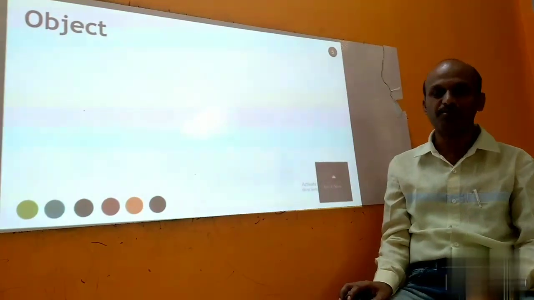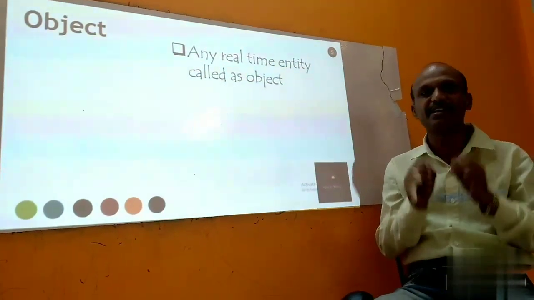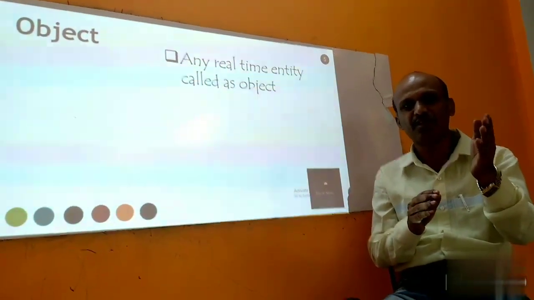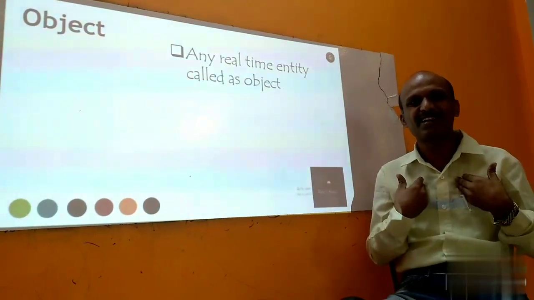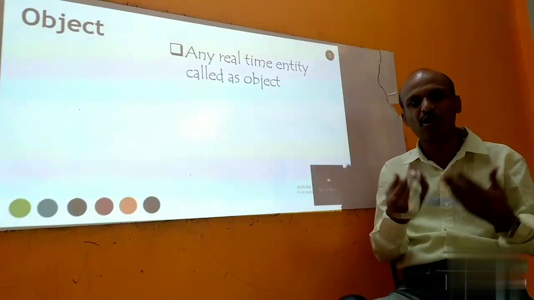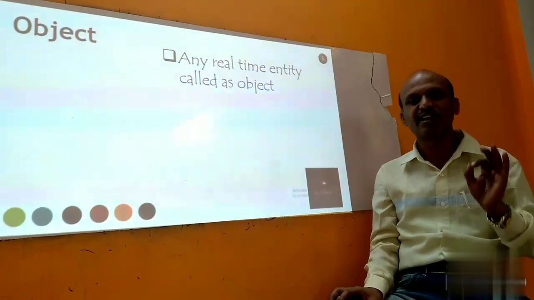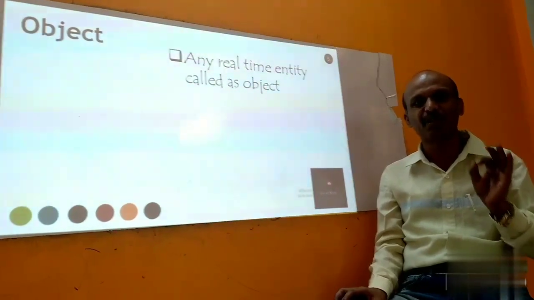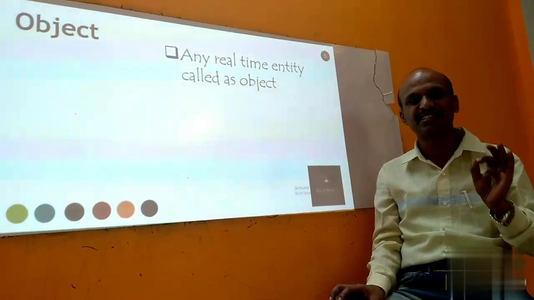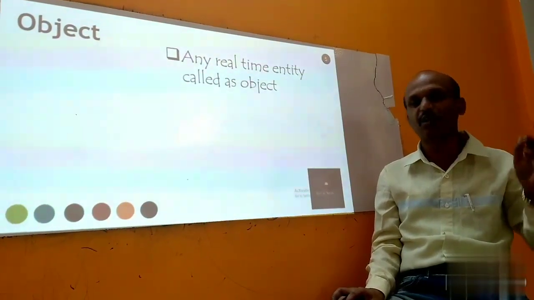So what do you mean by object? Objects are nothing but any real-time entity is called an object. For example, you are a real-time object, that is a student. Myself, faculty, is a real-time entity, that is also an object. Anything in a business is called an object. For example, take banking: the real-time entities such as customer, account, bank manager, bank, all are objects.